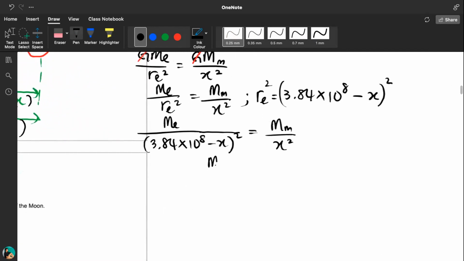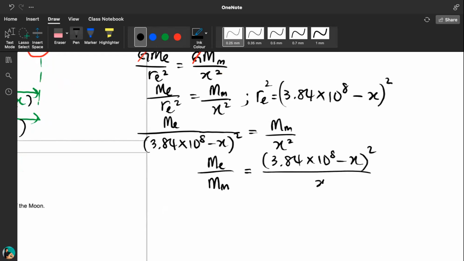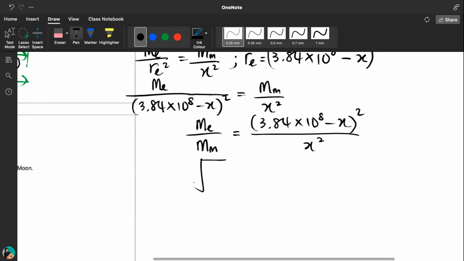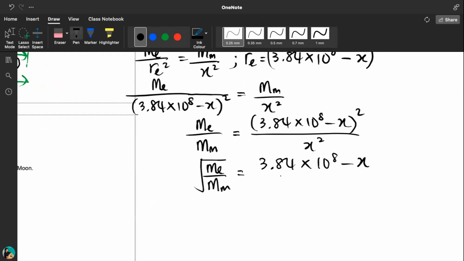Okay, then bring the M across. Square root of ME over MM equals 3.84 times 10 to the power of 8 minus x, over x.